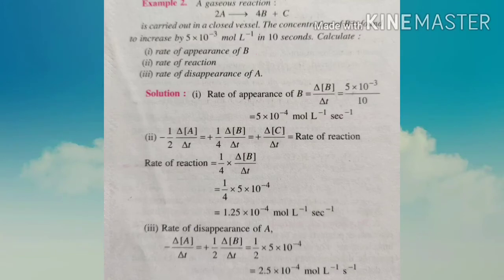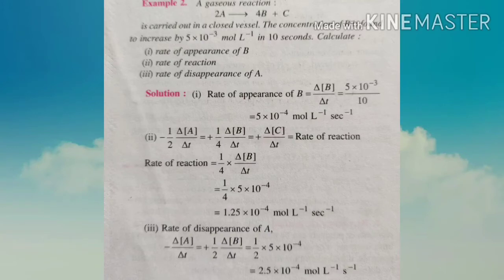Now rate of reaction is equal to 1/4 × delta B/delta t, that is equal to 1/4 × 5 × 10^-4, and then it is equal to 1.25 × 10^-4.